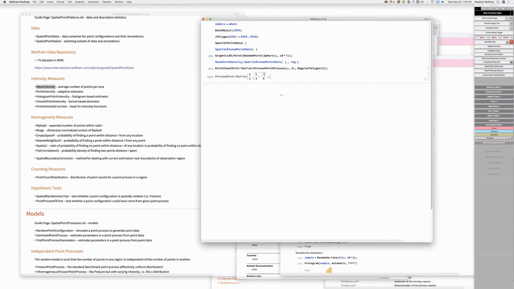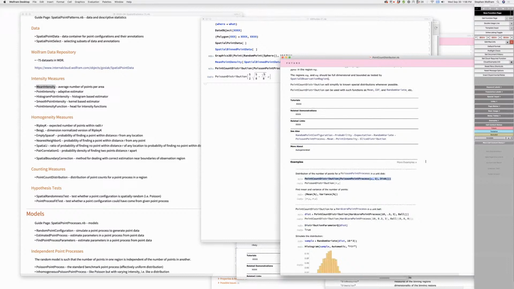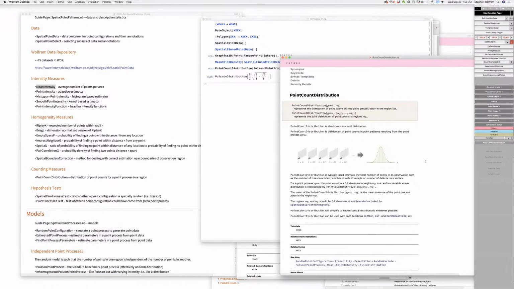You could say that if you knew the point count distribution for all possible collections of regions, not a single region, but multiple regions, then you know the process. There's a very infinite stack of possible things you need to know.